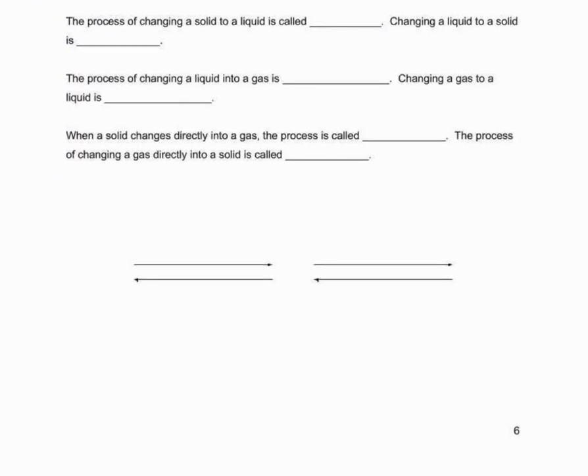Okay, so I'm going to fill in the blanks up here while we work on the diagram down here. When possible, I like to include pictures. I think it goes a little better. So, first thing I'm going to do is draw some states of matter here. So this is going to be a solid.